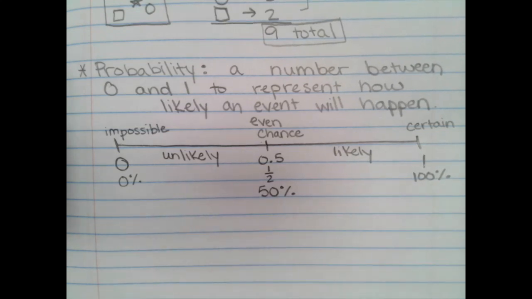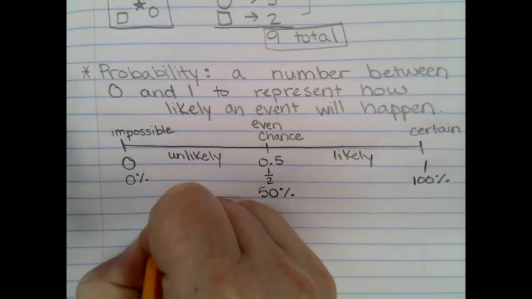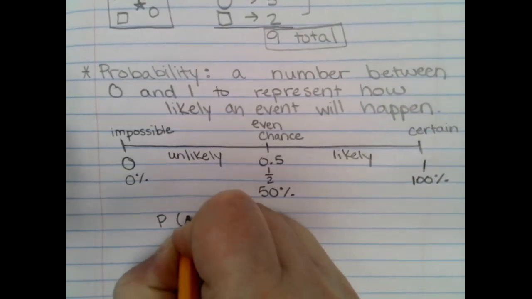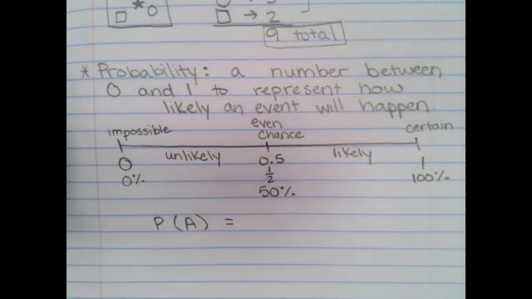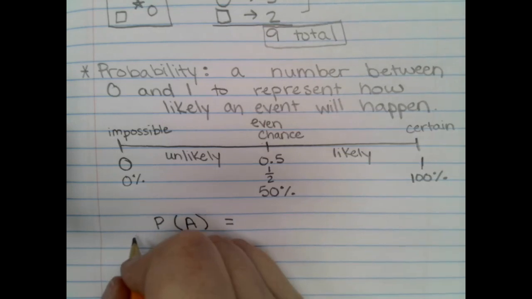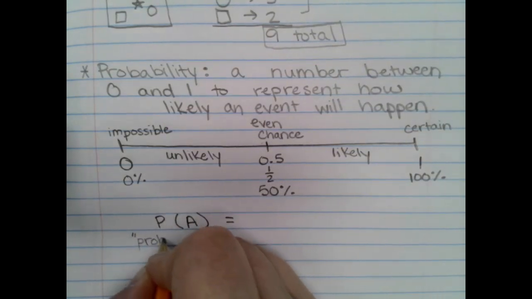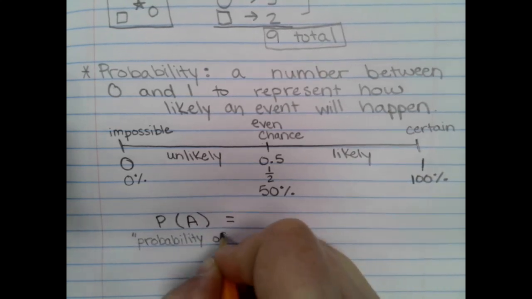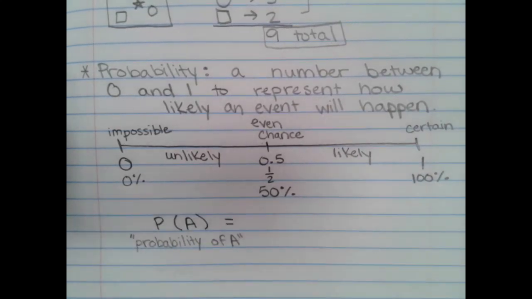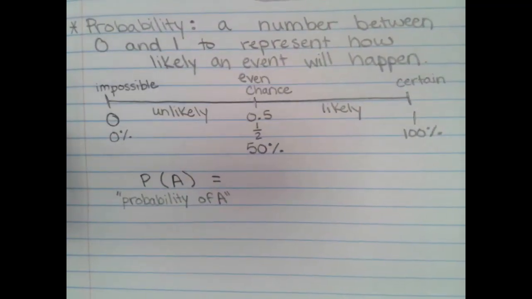Good. All right, so last part here is we're going to say P. We use capital P and then a capital A. We put that A in parentheses. And the way that we read this is we say probability of A. So that capital P tells us probability.